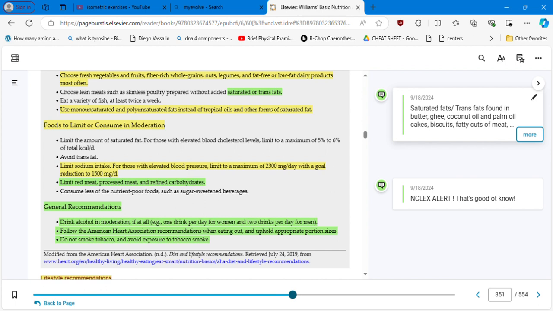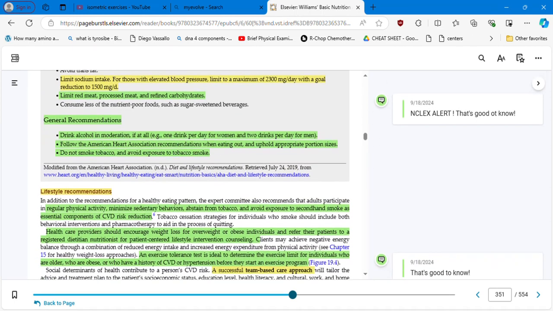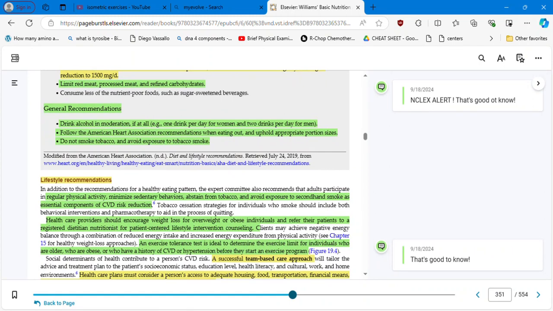So start cutting the sodium little by little, okay? Limit red meat, processed meat, and refined carbohydrates. And in general, our recommendation is drink alcohol in moderation. 1 drink per day for women and 2 drinks per day for men.